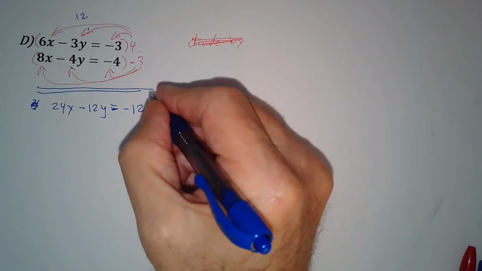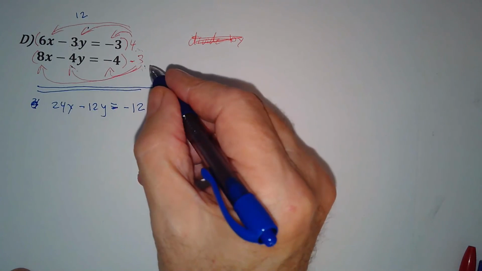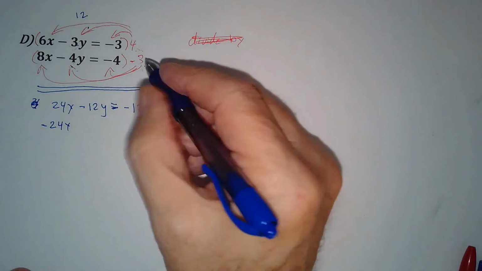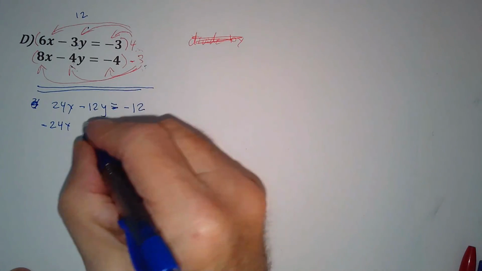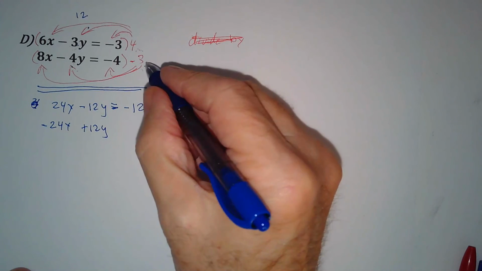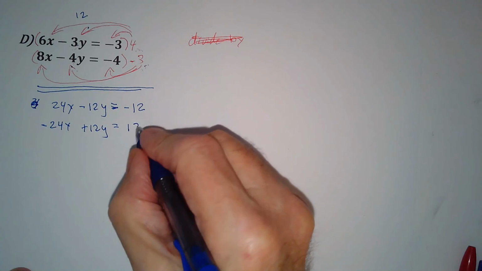Then I'm going to multiply negative 3 times 8. That's negative 24x. Negative 3 times negative 4, that's positive 12y. And negative 4 times negative 3 is positive 12.